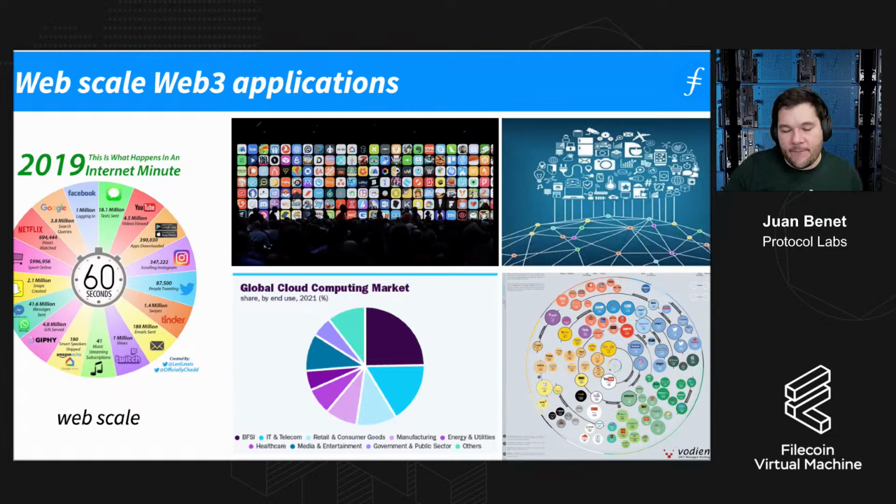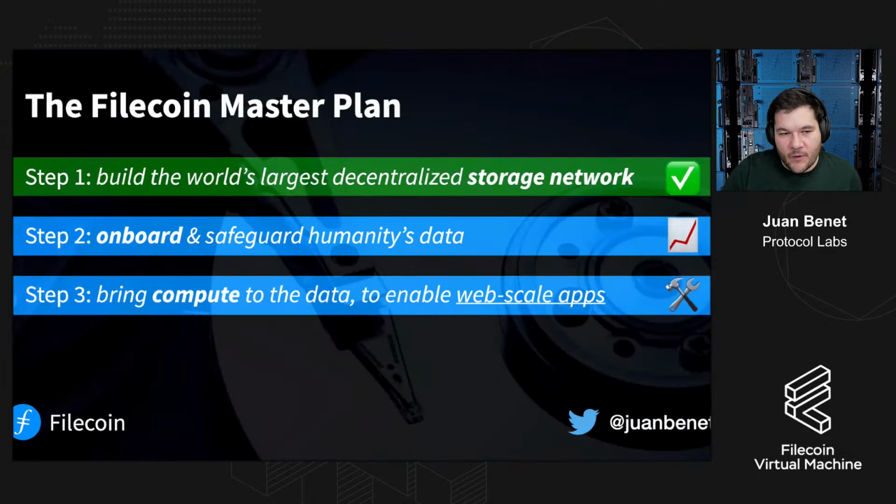Filecoin has already gotten to the levels of scale required in terms of storage of data and so on. With FVM, we're now beginning the pathway towards computation, first by enabling smart contracts, and then from there scheduling jobs, through which we can build backends for applications of this scale. And so this is where we're headed.